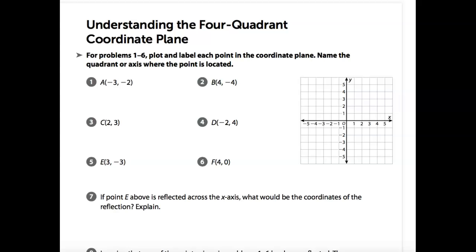All right, this page has to do with the coordinate plane. You know that there are 4 quadrants, and I hope you remember from Mr. Gregory teaching you, let me go over here. This is quadrant 1. This is Roman numeral 1 for quadrant 1. This is quadrant 2.